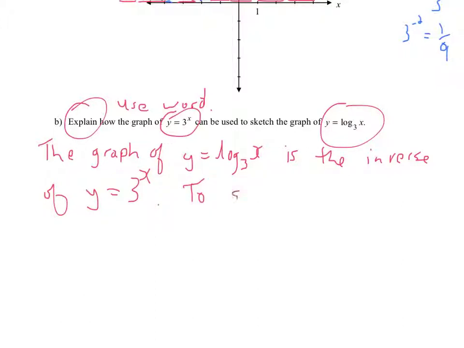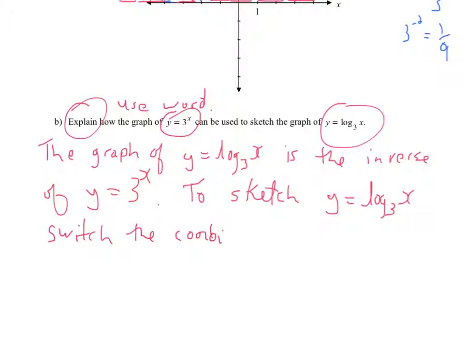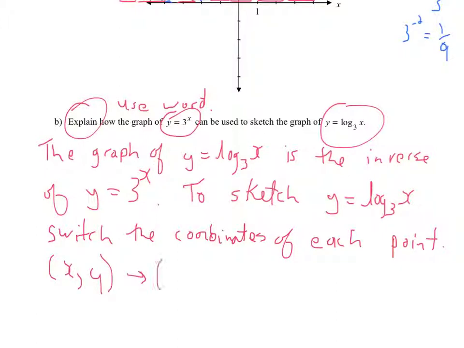To sketch y equals log base 3 of x, we will switch the coordinates of each point. So in other words, (x, y), and the inverse graph will be (y, x). And as we know, that's the same as doing a reflection over the line y equals x.